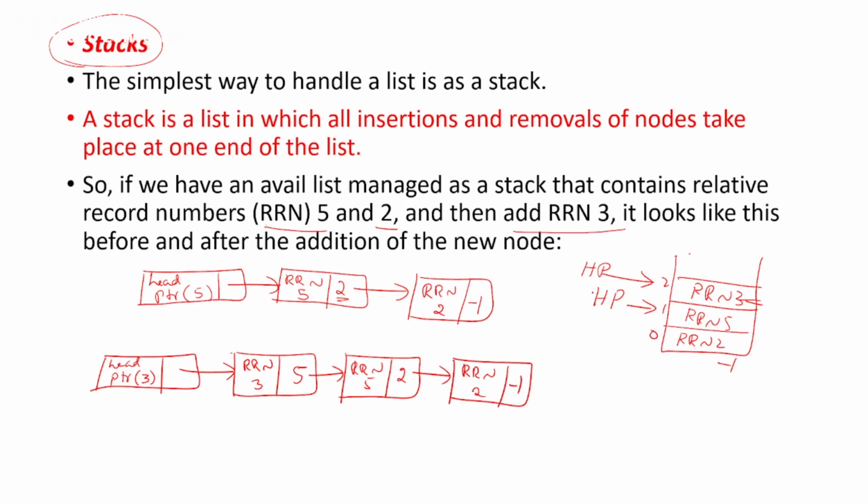So whenever we add a new RRN, a new record, where will it be added? RRN means relative record number. It will be added at the head pointer. Since we are using a stack, it will be added to the top of the stack, where the head pointer is connected to the top of the stack. This is how the stack works.